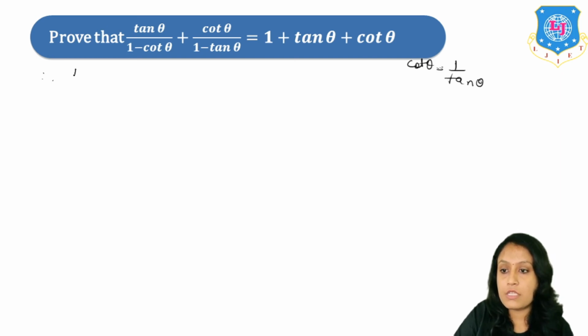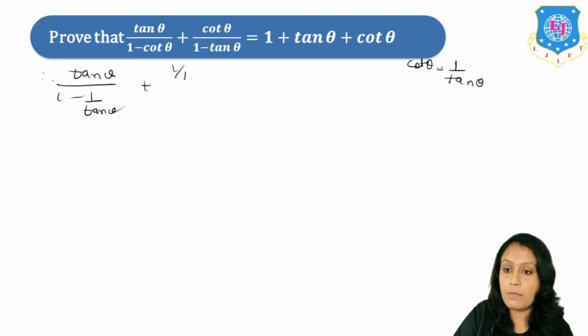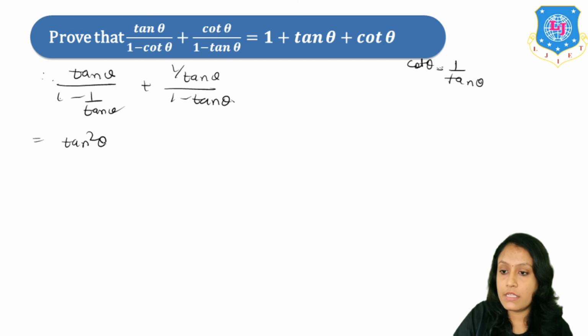So this is tan theta upon (1 minus 1 upon tan theta) plus (1 upon tan theta) upon (1 minus tan theta). Bring this tan theta over here into the numerator, so you will get tan square theta upon (tan theta minus 1), plus 1 upon tan theta into (1 minus tan theta).